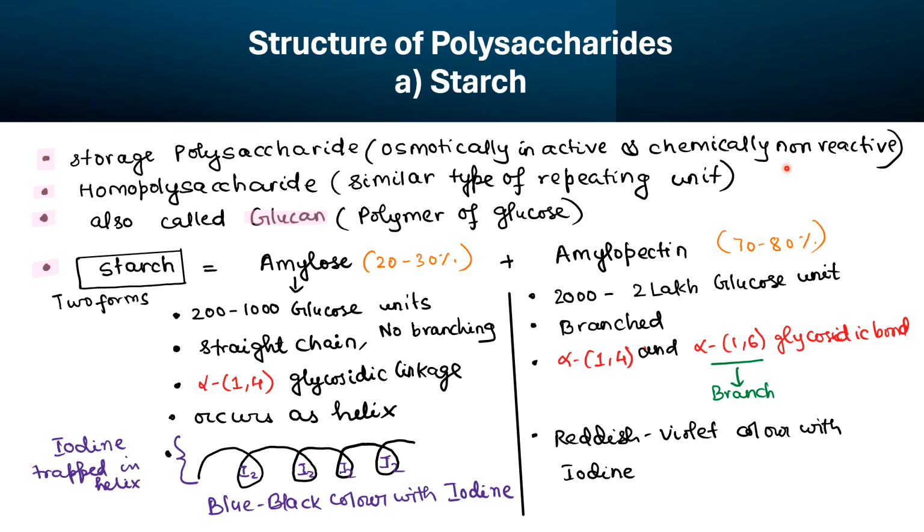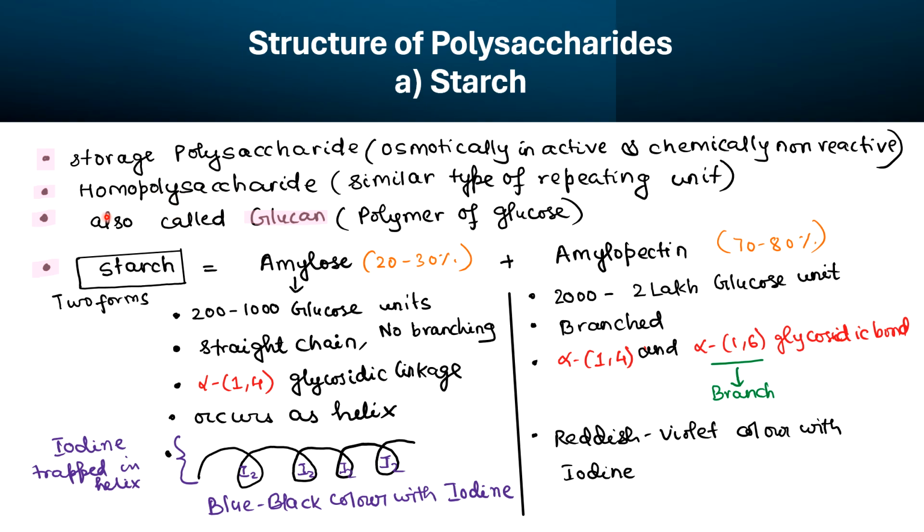Because of these two reasons, glucose is always stored in plants as well as animals in the form of polysaccharides. So if we take plants, the main storage polysaccharide is starch, right? So glucose is stored in the form of starch.